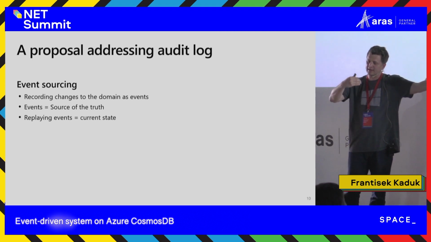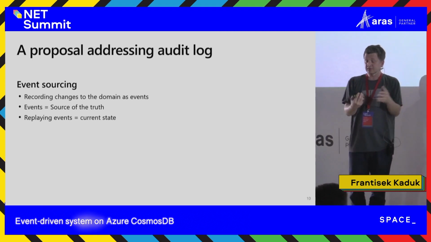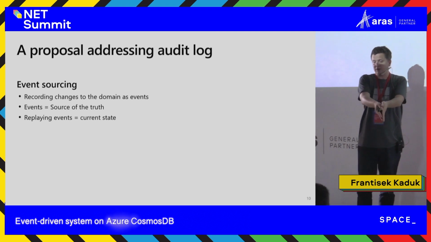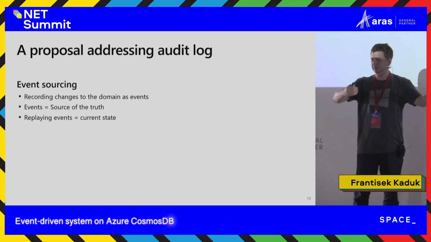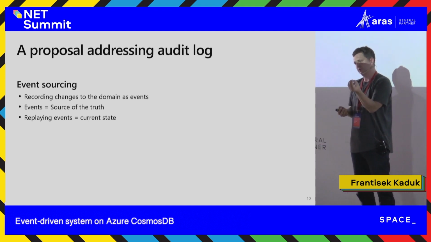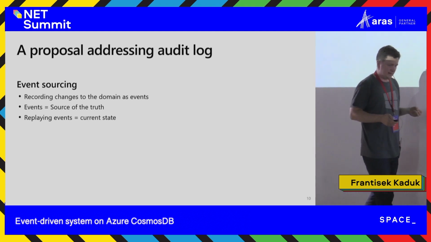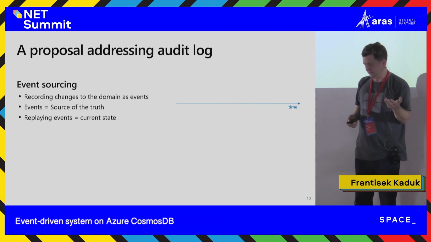And if you want to get the current state, okay, what is my current state? I need to replay these events. So the events become the source of truth. So let's look at how it works.